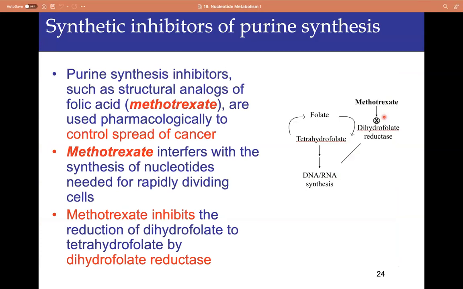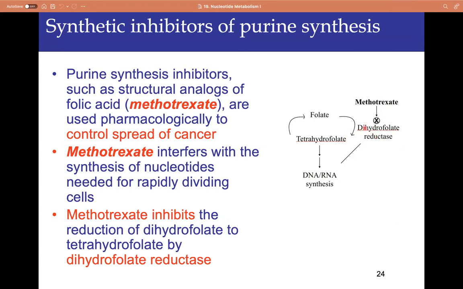Okay, now coming to an interesting clinical aspect of this lecture. Here's something called methotrexate. Methotrexate is a chemotherapeutic drug, and it essentially inhibits dihydrofolate reductase. But what is dihydrofolate reductase?